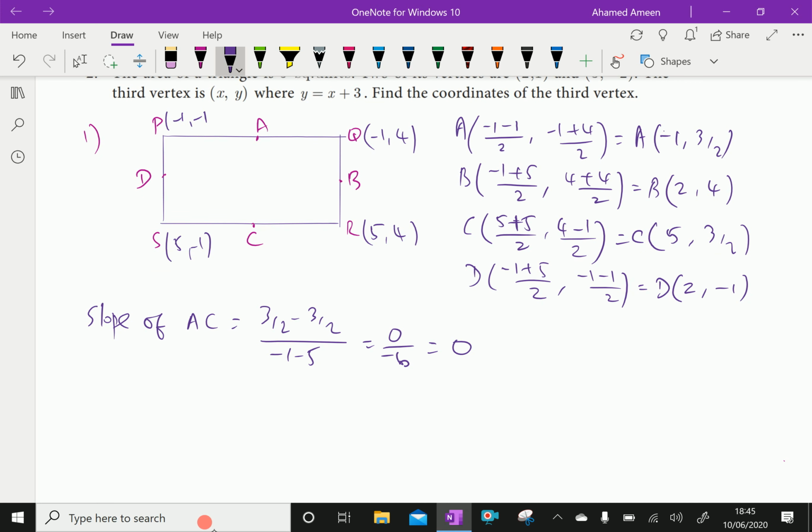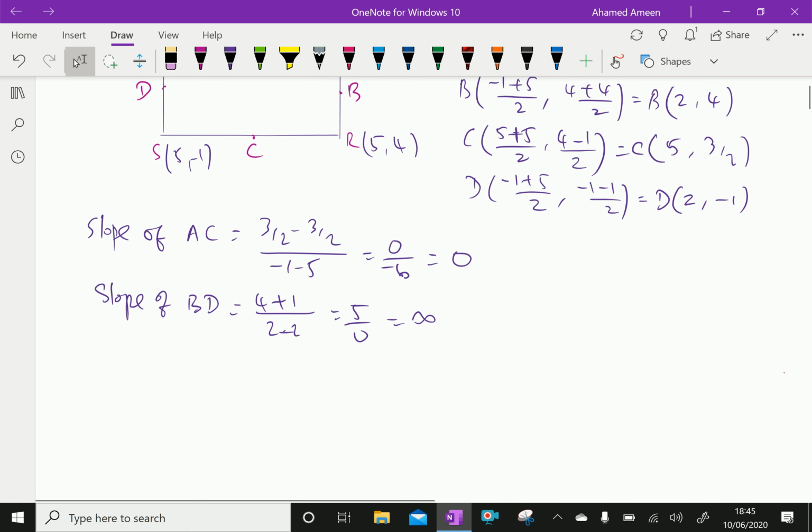Then slope of BD equals (y2 minus y1) over (x2 minus x1), that is (-1 minus 4) over (2 minus 2), which is 5 over 0, equal to infinity.